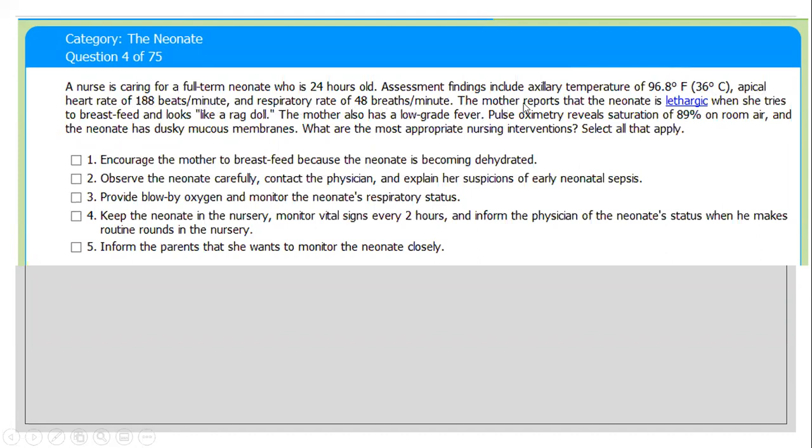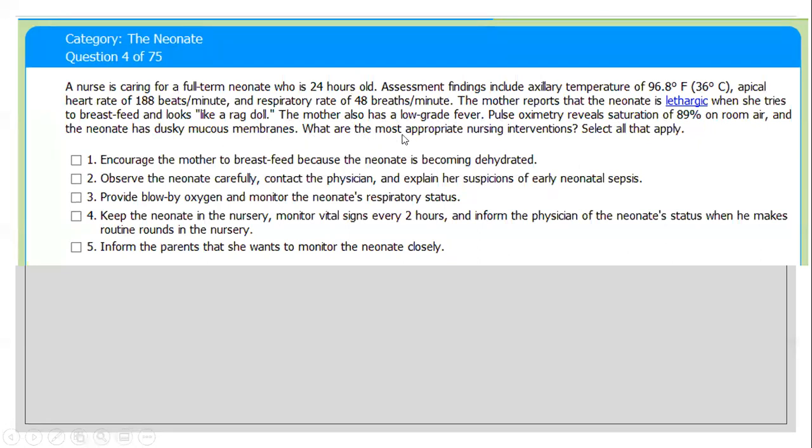The mother reports that the neonate is lethargic when she tries to breastfeed and looks like a rag doll. The mother also has a low-grade fever. Pulse oximetry revealed oxygen saturation of 89% on room air, and the neonate has dry mucous membranes.